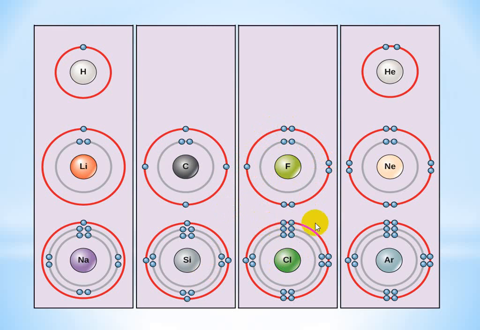Chlorine also has 7 in the outermost energy level, the third one. Here the noble gases, helium has 2 in the first energy level, it's completed. Neon has 8, completed with 8, the outermost energy level, the second one. And argon has also 8 in the third energy level, the outermost energy level.